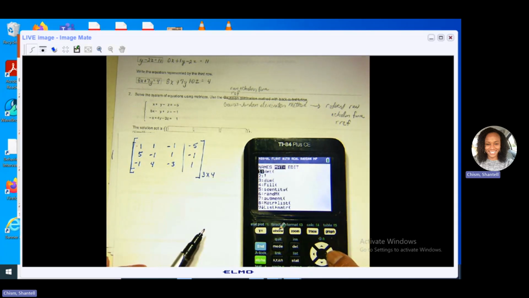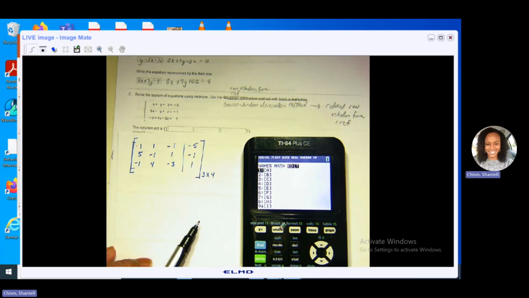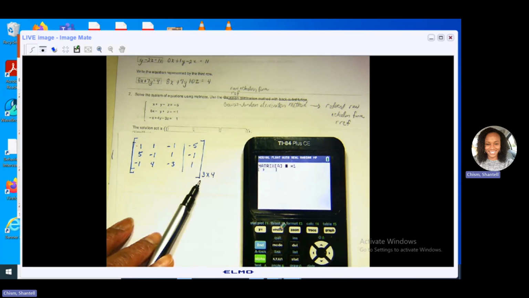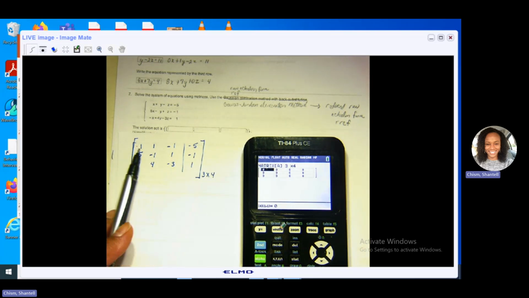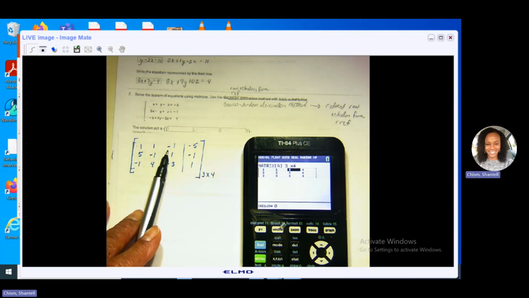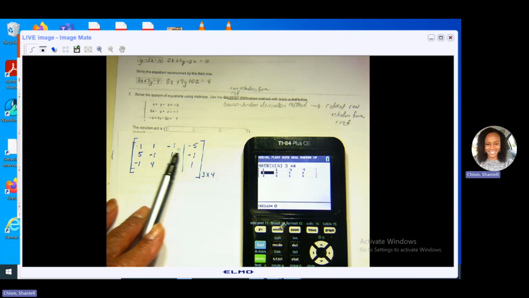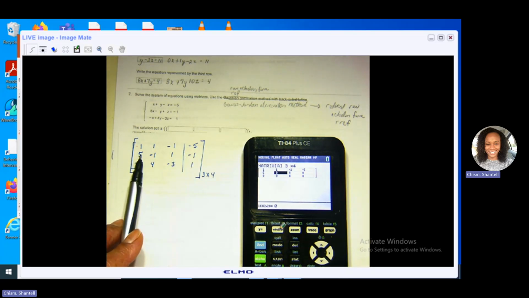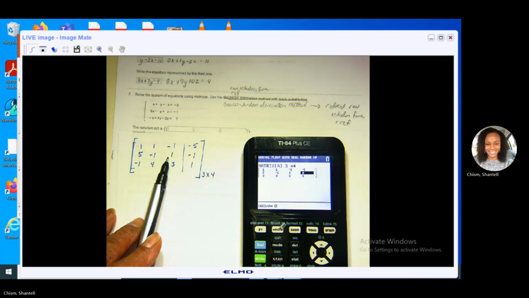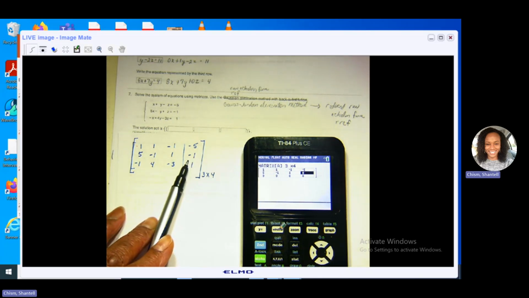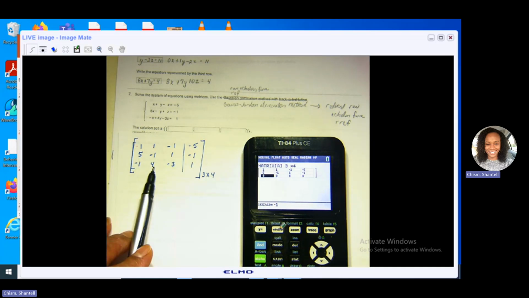So let's go over to edit, and I'm going to edit the first one, and this is a 3 by 4. It makes me go across when I enter them in. So I press 1, enter, 1, enter, -1. Just press enter after each element. Then it takes me to the next row. -5, 5, -1, 1, -1, -1.